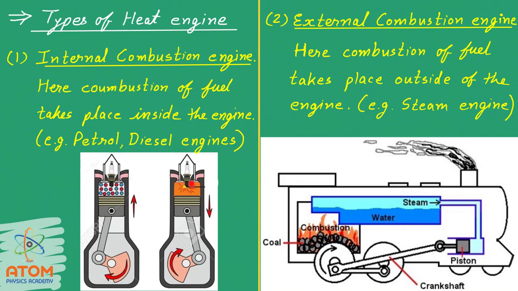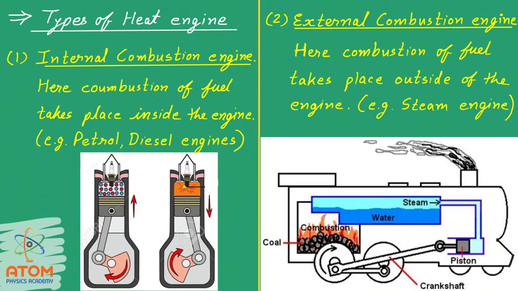This explosion is shown here. Now due to this explosion, the piston will travel in the downward direction, right? So that way work is gained from the heat produced by the combustion of this fuel inside this engine. That's why this type of engine is known as internal combustion engine.